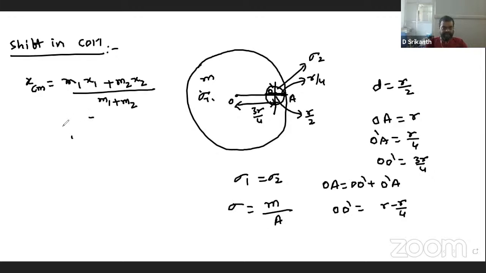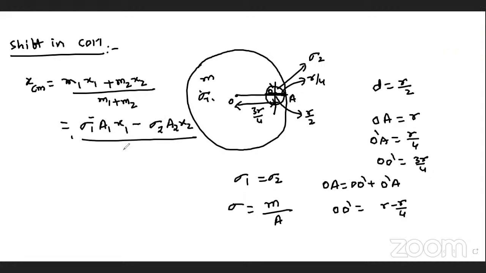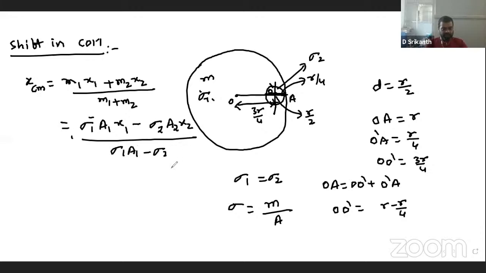So mass is density multiplied by area: sigma 1 A1 into x1. Since some mass is removed, I'm keeping minus: sigma 2 A2 x2, divided by sigma 1 A1 minus sigma 2 A2.